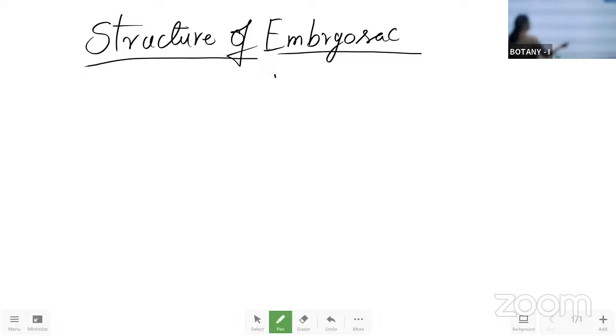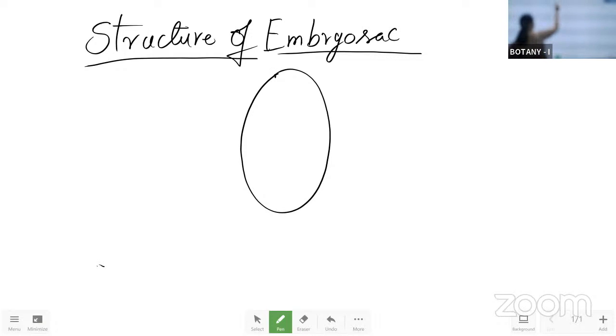Embryo sac is an oval shaped, egg shaped structure. So first draw the oval shaped structure. Then it has 2 layers. 2 membranes are present, so we have to draw the 2 membranes.